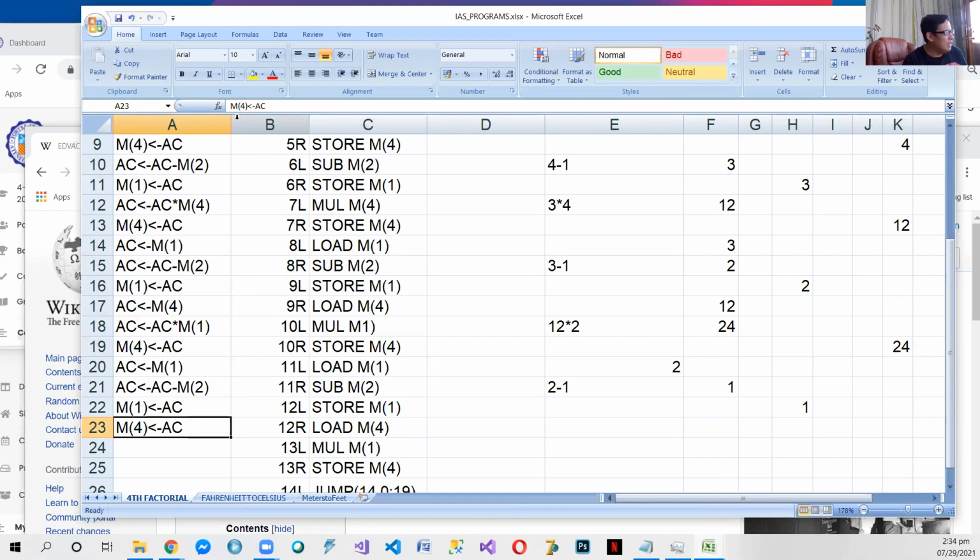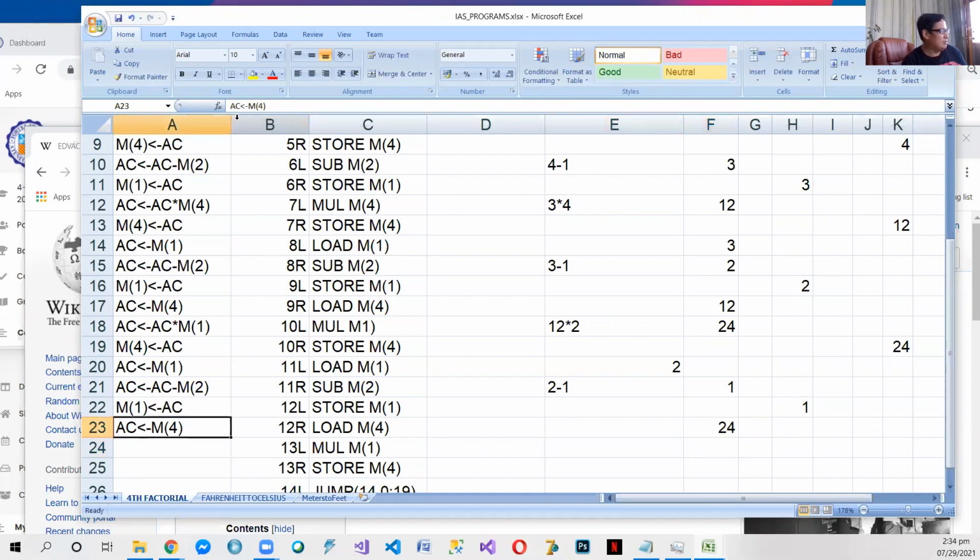AC receives M4. What is M4? 24. So it goes to the AC, 24.